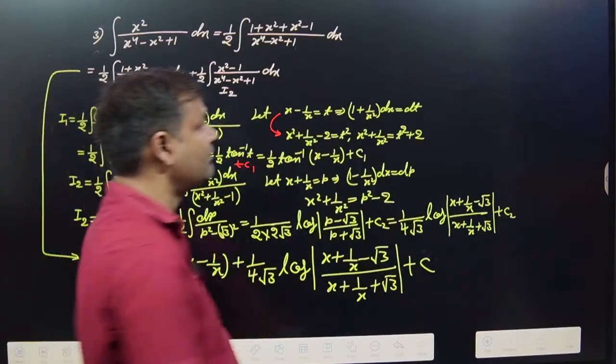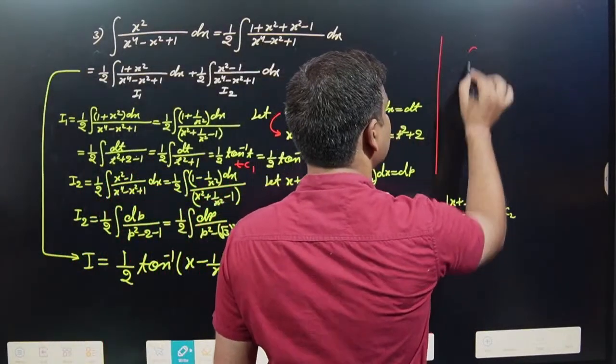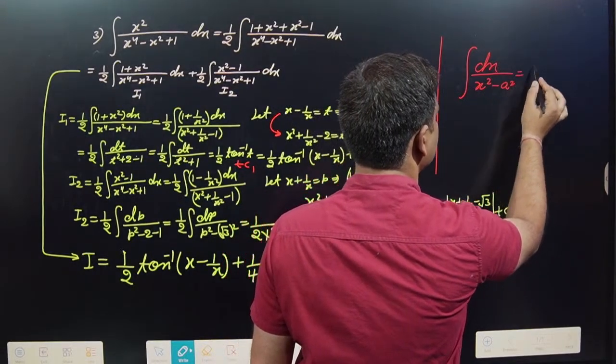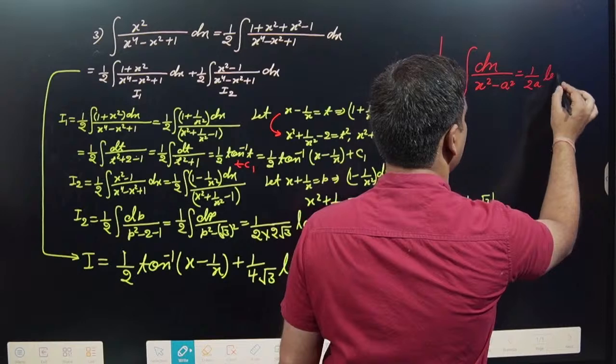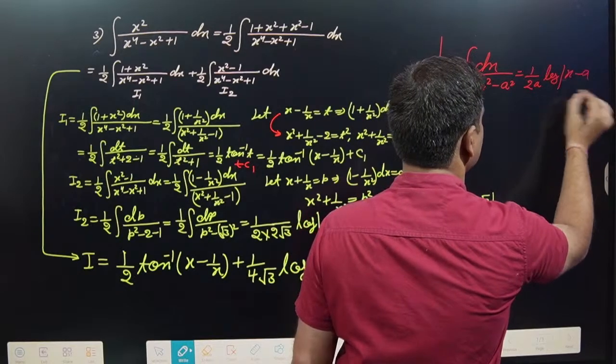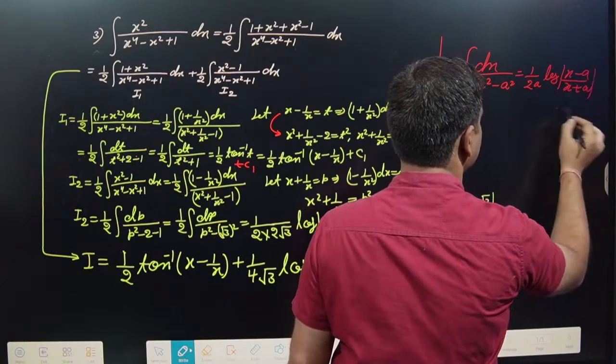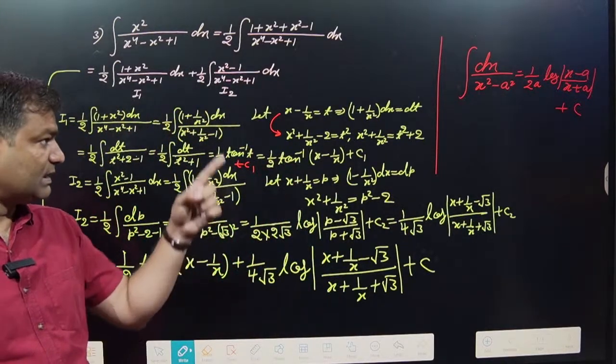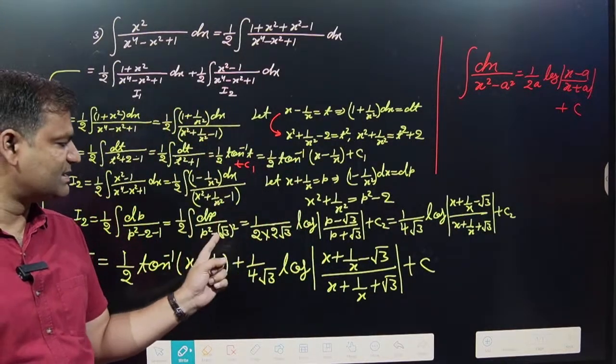I know the formula for the integration of dx divided by x square minus a square: 1 by 2a into log of modulus of x minus a upon x plus a, plus c. Here x is basically p and a is root 3.